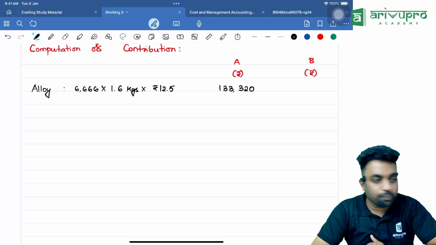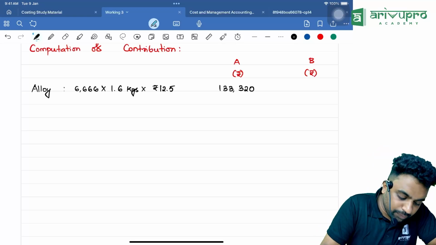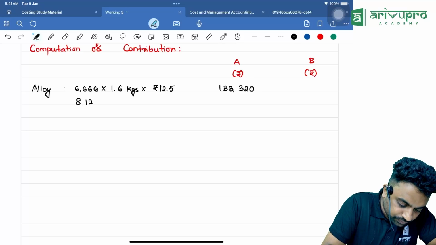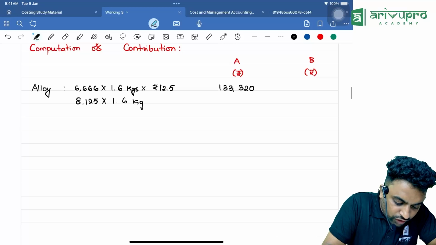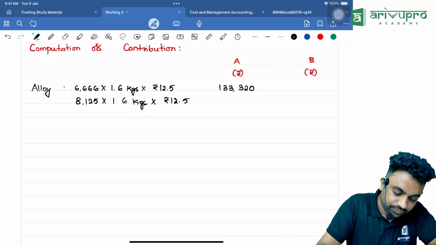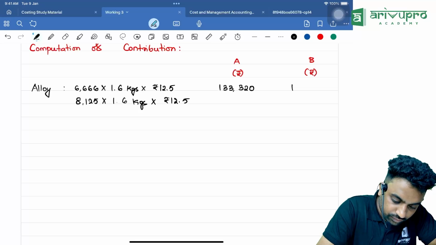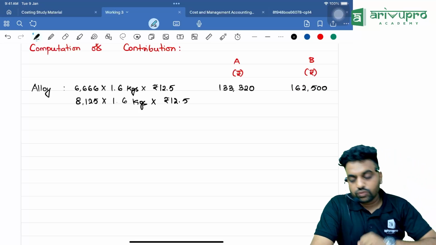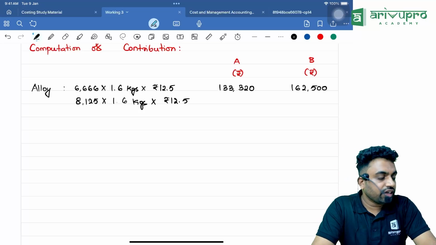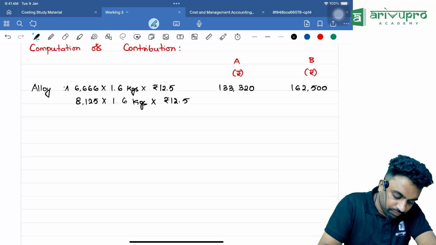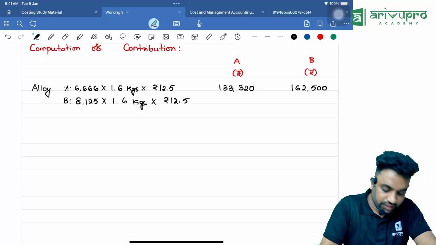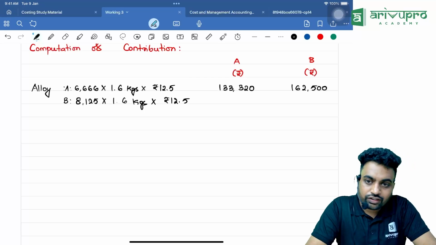We'll calculate for B. How many units are we planning to produce? That will also consume 1.6 kgs of alloy only, no? And it will cost you 12.5. That gives 1,62,500. This is for A, this is for B. Alloy is done.